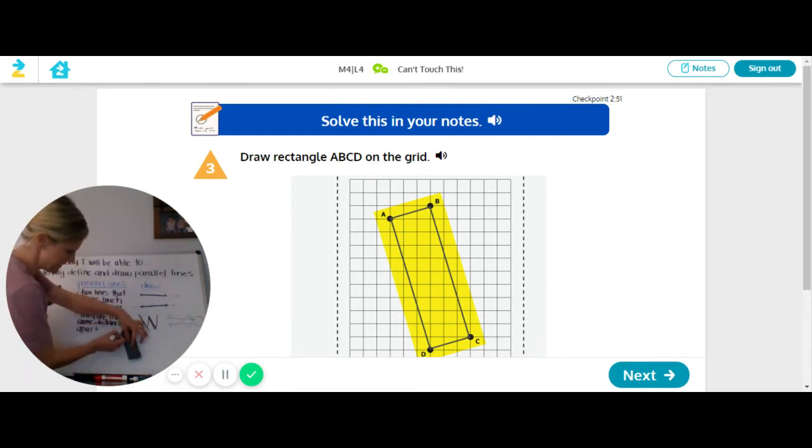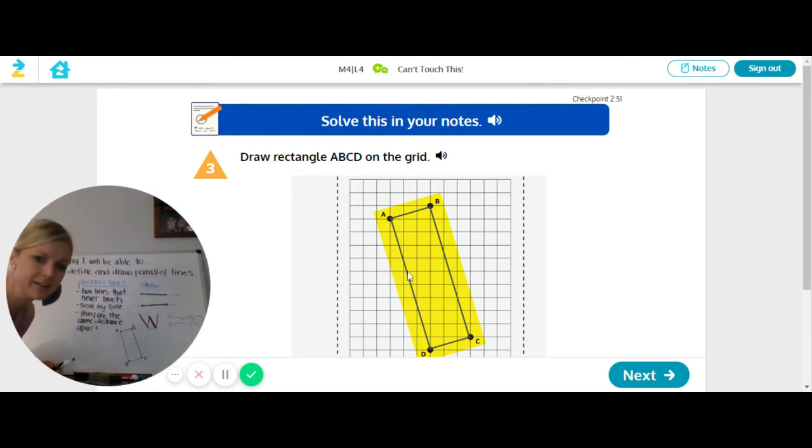Do the best you can to make those straight lines. Okay. So I have point A, point B, point C, and point D. Okay, once you've copied that, go ahead and continue.